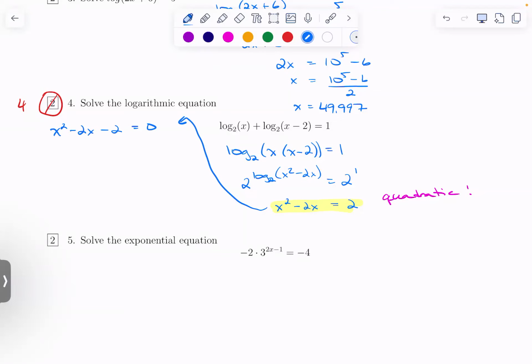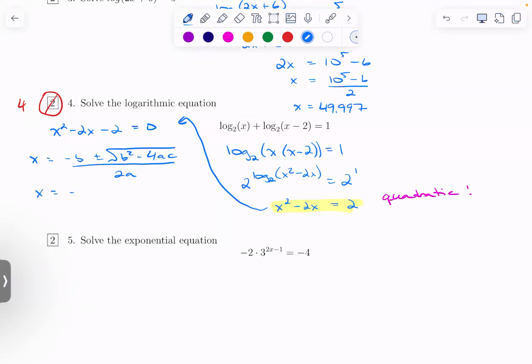And like I said, you can try finding a way to do it on your calculator, but it's not too bad. X is negative b plus minus the square root of b squared minus 4ac over 2a. B is negative 2.